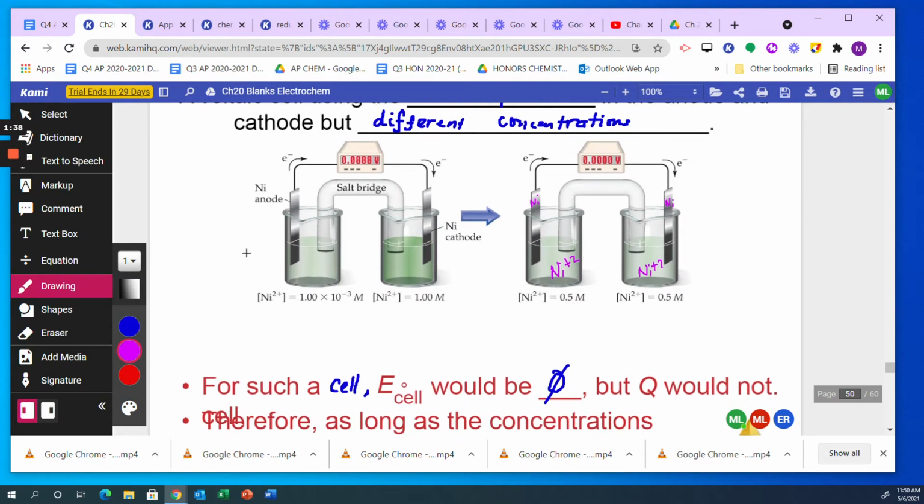In this reaction, you have nickel, right? Here the electron is going to the right, which means nickel is giving away the 2 electrons, and it becomes nickel plus 2. Here you can see that nickel is oxidized.